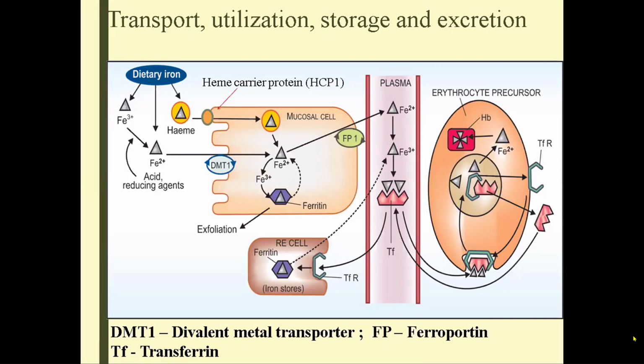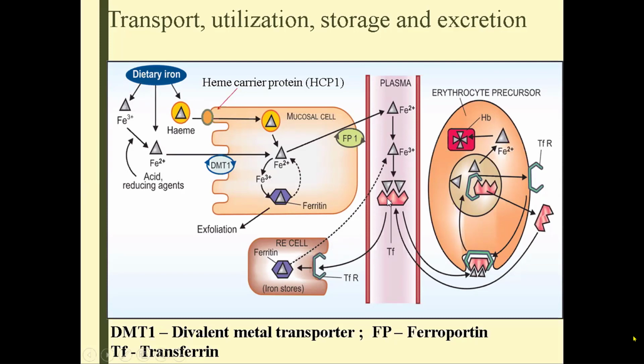So transferrin is the protein that will now circulate the iron to different target cells, right, like the red blood cell, or to other tissues like the reticuloendothelial cells of the liver or spleen, right? So that they get stored here, right? Utilized here, stored here, right?